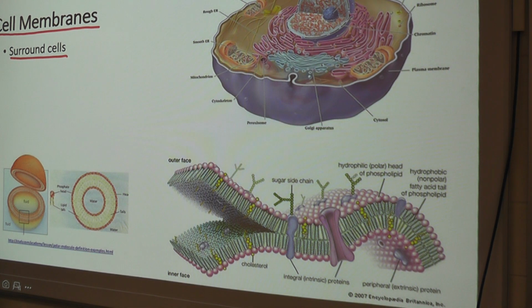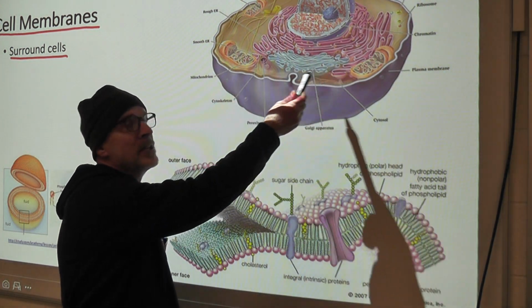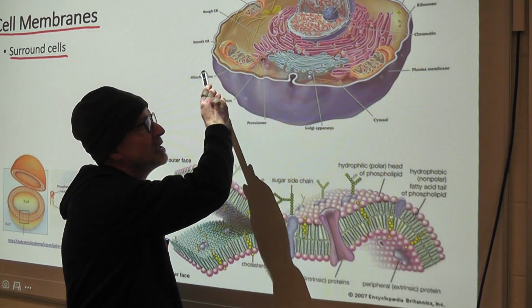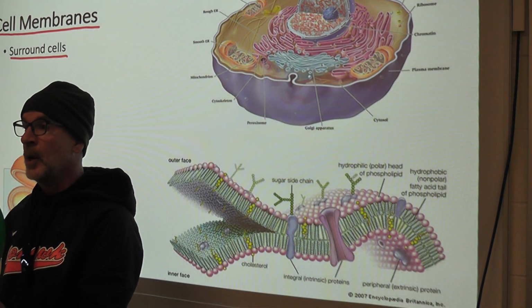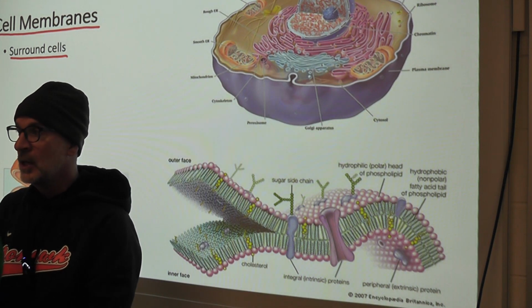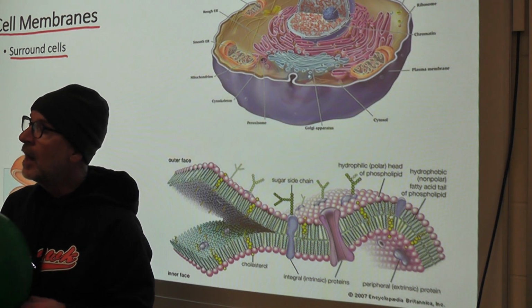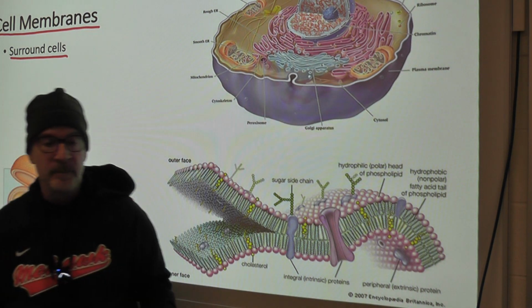We'll often look at cell membranes like this, as if there's been a cell that's sliced in half and we're just looking at one layer of it. This is a 3D cross-section. It still shows a cell that's been sort of cut in half. But this is more like what a cell membrane would look like, right? Like it's all around three-dimensionally the inside of the cell. Nothing can get in or out without going through the cell membrane.